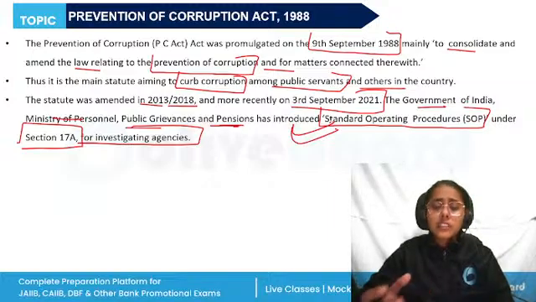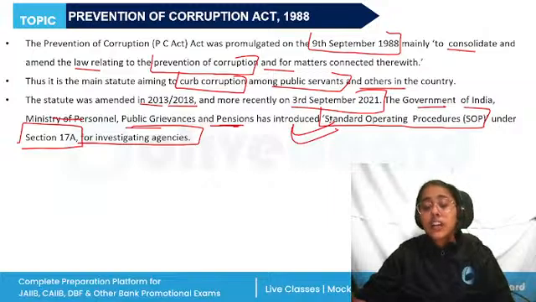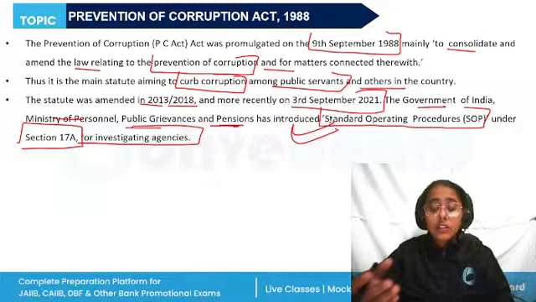There are certain terms appearing in the act, like election, which means an election held under any law for the purpose of selecting members of the parliament or legislature or local authority. Then public duty means a duty in the discharge of which the state, the public, or the community at large has an interest.